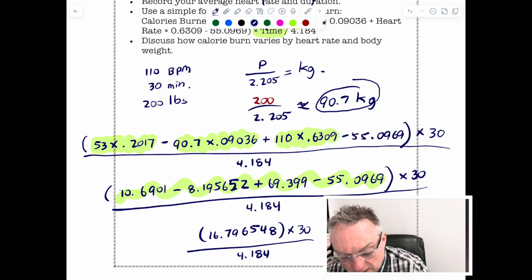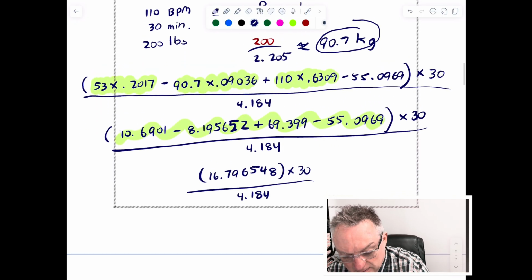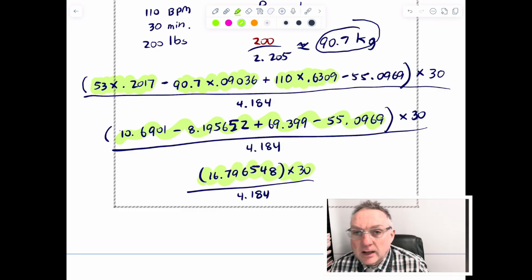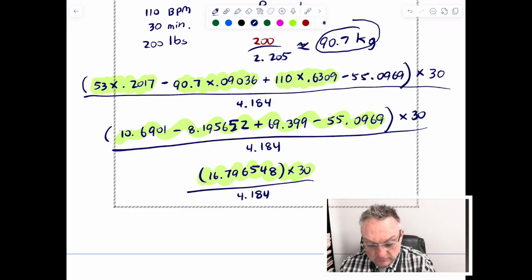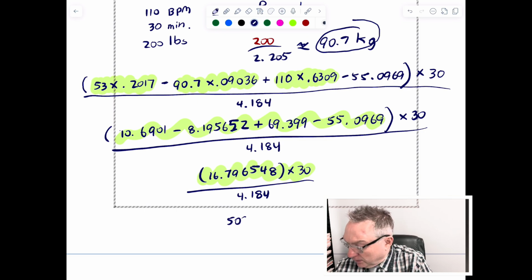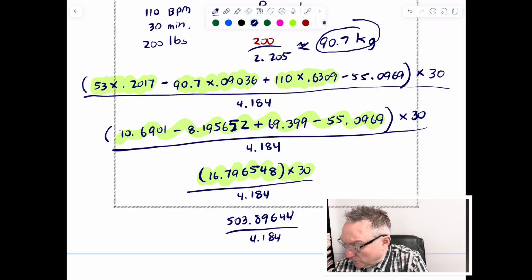Then I multiply by the 30, now that I've done everything inside of the parentheses. That comes out to 503.89644. And then lastly, I divide by the 4.184, and that comes out to about 120.4 calories.